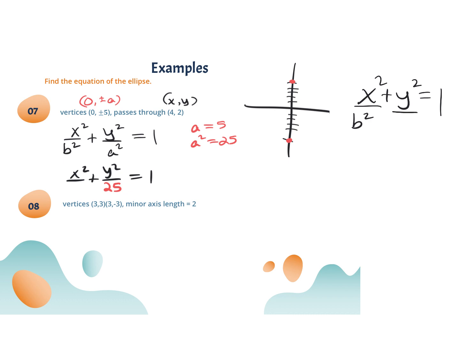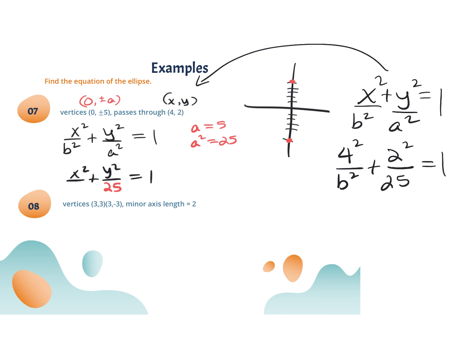Now this one's more challenging. We're dealing with fractions here. So my x value was 4. So 4 squared over b squared, plus y squared, or y is 2. I'm getting this from the ordered pair. A squared I found to be 25, or the 5 squared, equals 1.